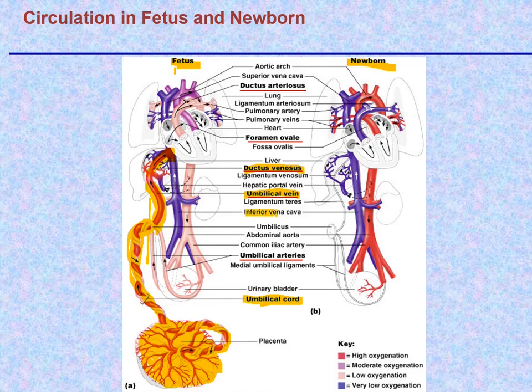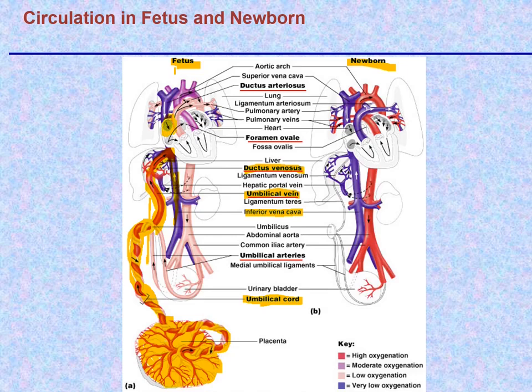Here it is, the inferior vena cava, this structure there. Okay, so that's the ductus venosus. Of course, I talked to you about the umbilical veins. It's bringing oxygenated blood back, bypassing the liver because of the ductus venosus. The blood goes into the inferior vena cava and then into the right atrium.